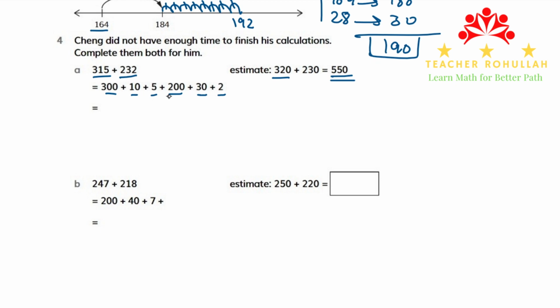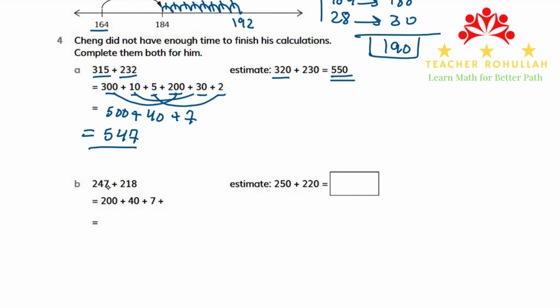We can write that 300 plus 200 is 500 and 10 plus 30 is 40 and 5 plus 2 is 7. So 500 plus 40 is 540 plus 7, it will be 547. The sum of the two numbers is 547.